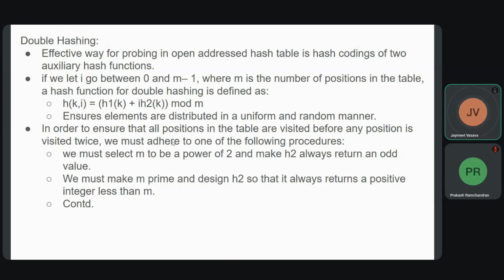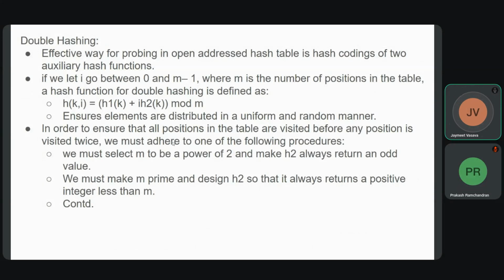If we let i go between 0 and m minus 1, where m is the number of positions in the table, a hash function for double hashing is defined as h of k, i equals h1 of k plus i times h2 of k, mod m, where h1 and h2 are different hashing functions. This ensures the elements are distributed in a uniform and random manner.